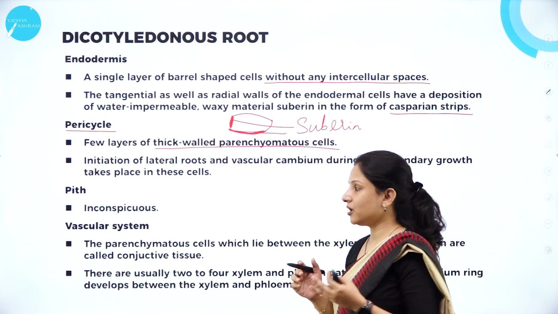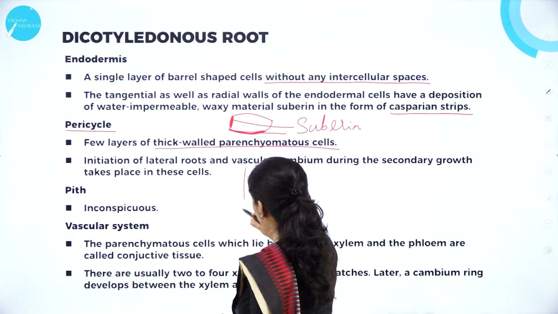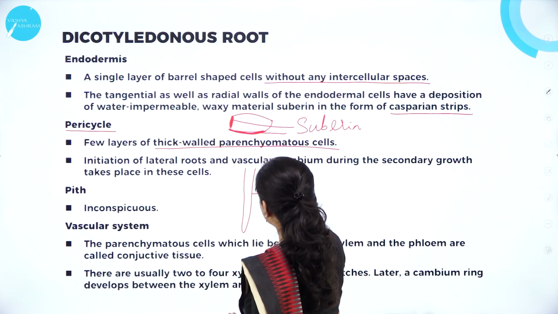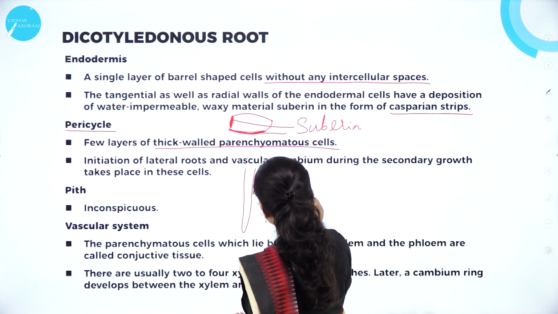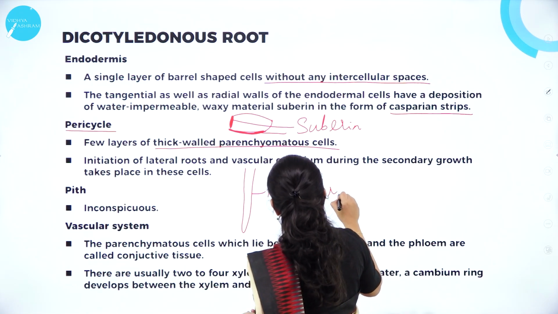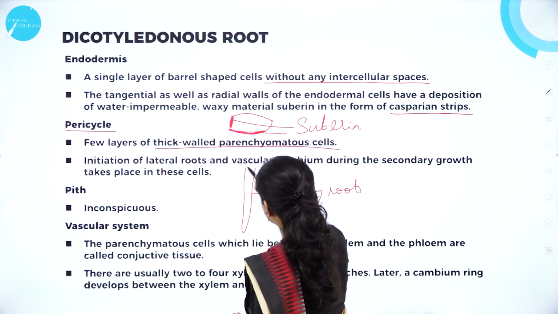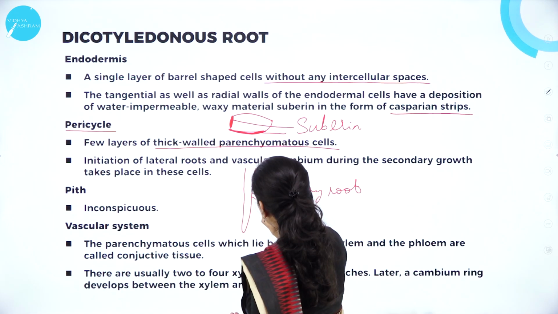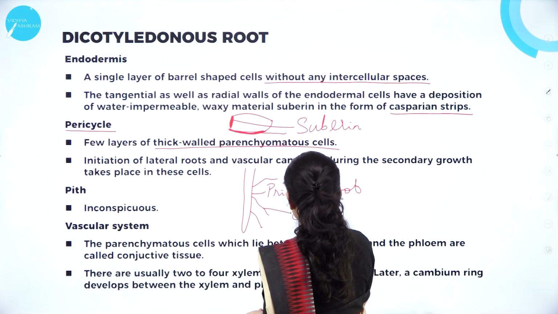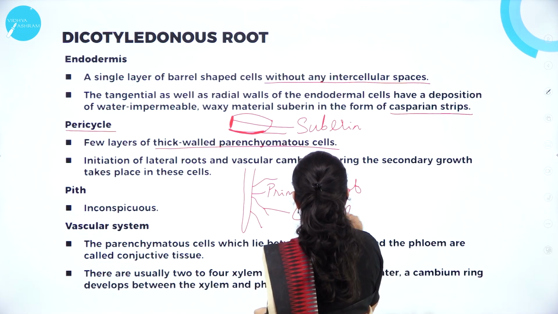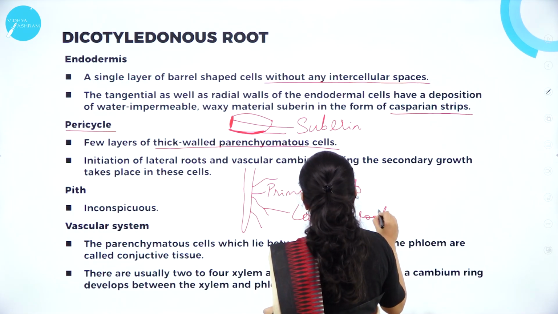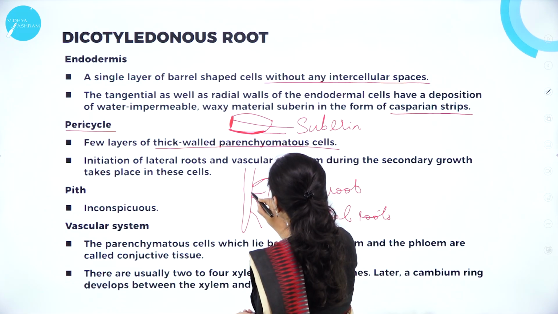If you remember, the root has the primary root. This we call the primary root. And then towards the sides, whatever root is being formed, we call it the lateral roots or the secondary root.